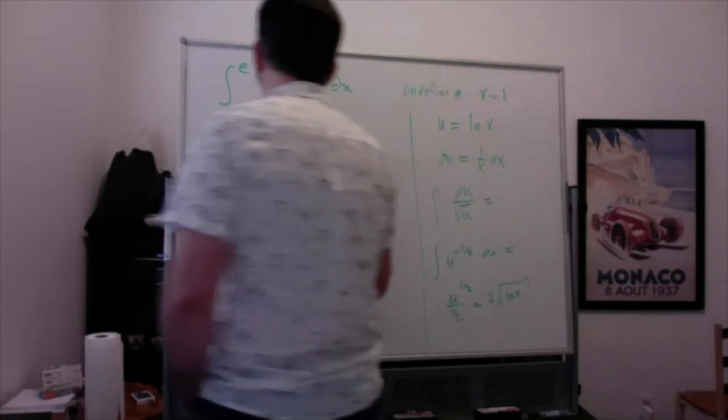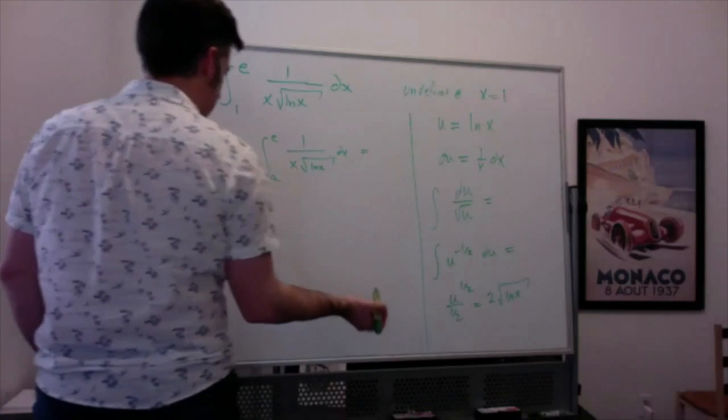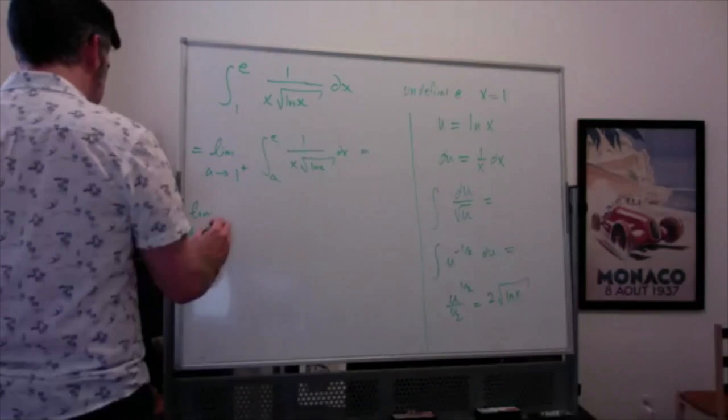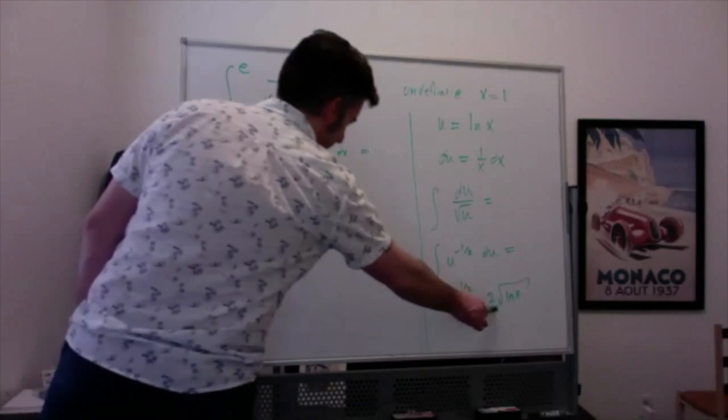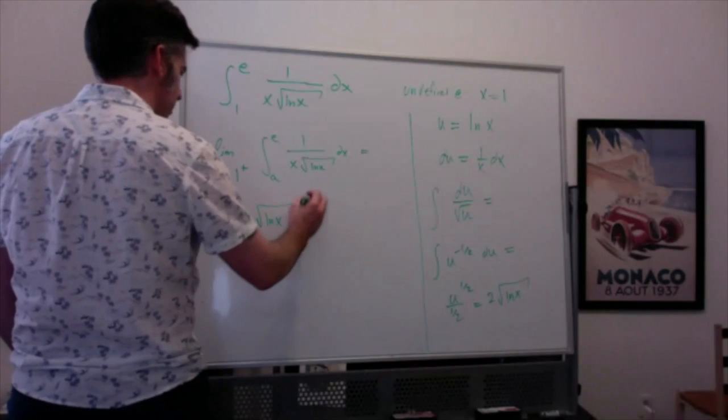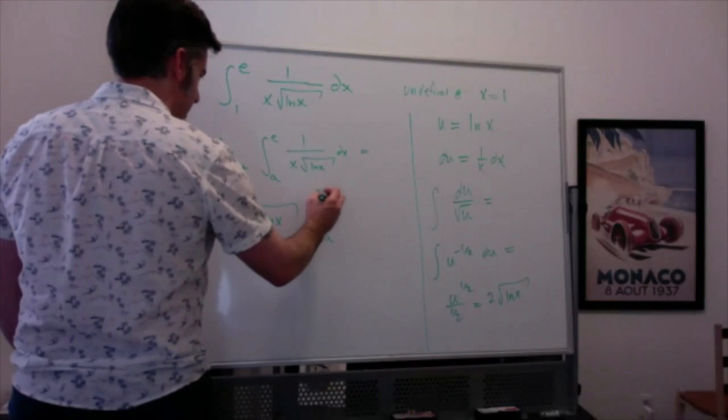So the limit as a approaches 1 from the right of that 2 square root natural log of x from a to e.